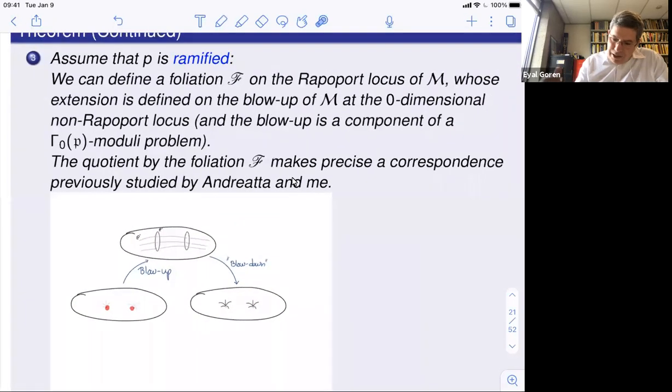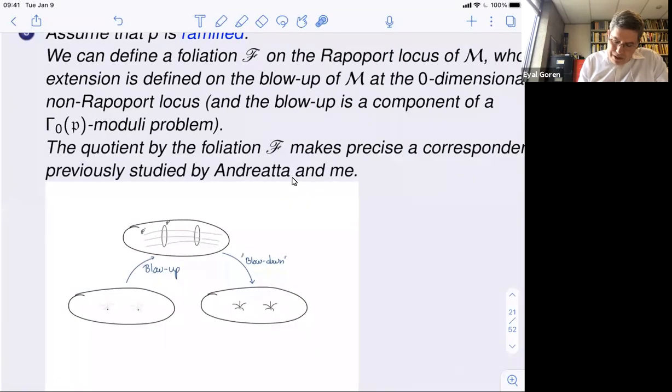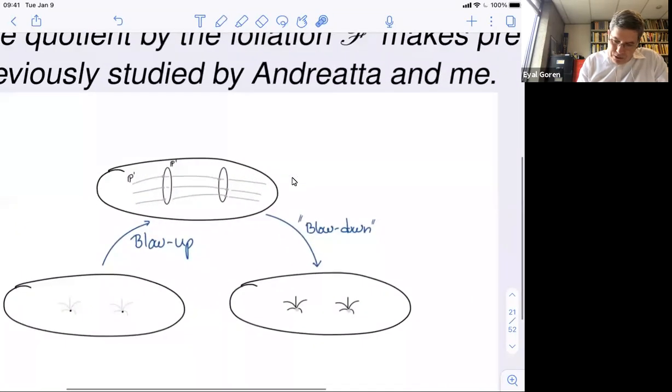Those are the non-Rappaport locus. They correspond to certain super special abelian surfaces. And the foliation is not defined at those points. To define it at those points, we have to blow them up, and then we get those P1s.